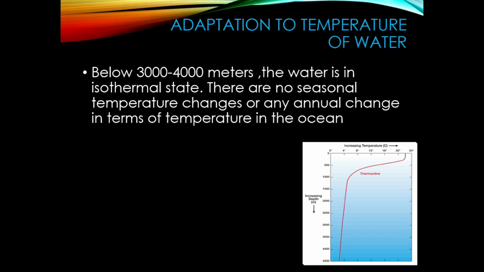Below 3000 to 4000 meters, the water is in an isothermal state. What is the meaning of isothermal state? Iso means not really changing a lot, almost the same state. Thermal is temperature. There are no seasonal or annual temperature changes in the ocean especially.